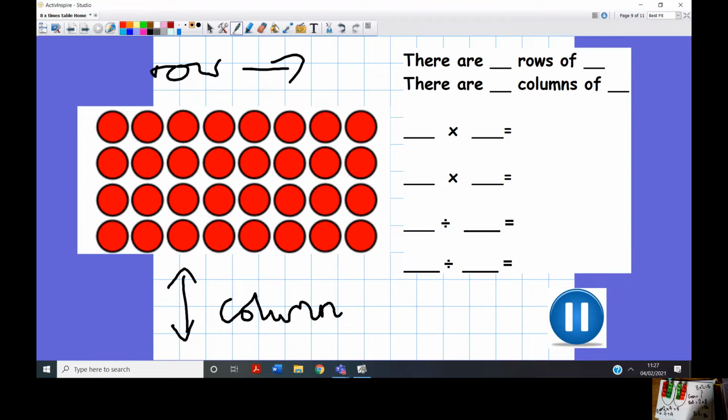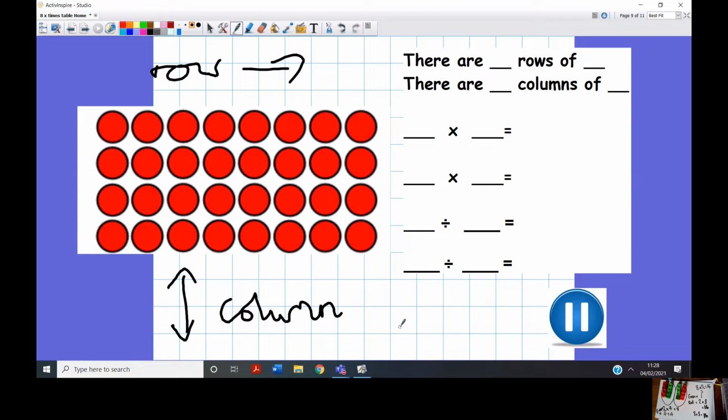So column goes up and down. So you have, there are rows of, there are columns of. You need to fill in the multiplication and division equations, so your commutative multiplication equations and the inverse. Again, grab a piece of paper, or you might just want to do them talking aloud and press pause to complete them. And when you're ready, press play.